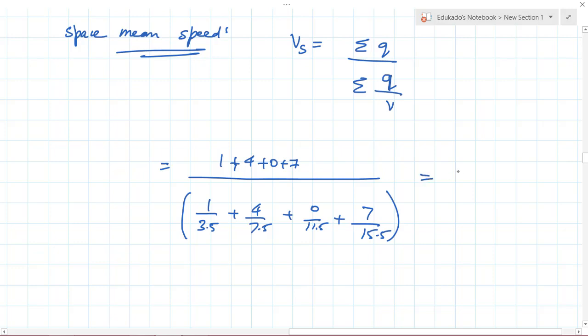That's it. You will get the value 9.44. So here the space mean speed is this. So this was the question.